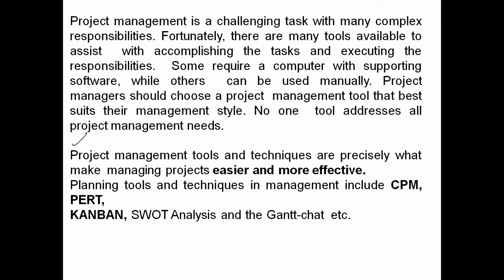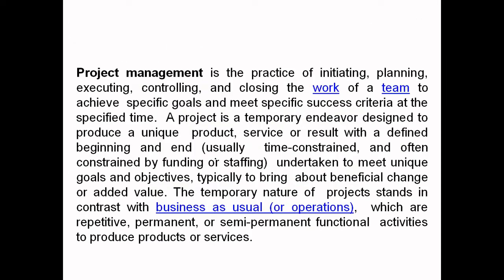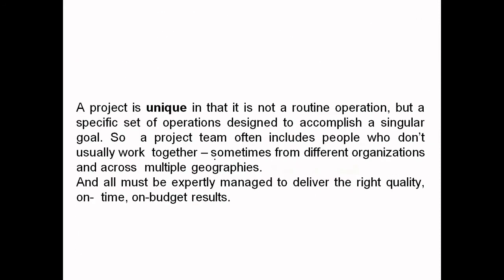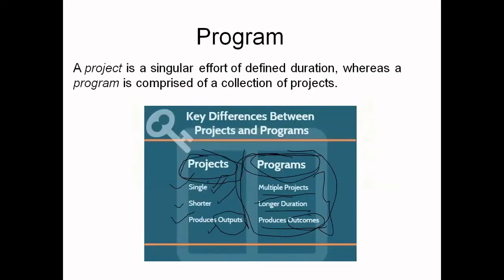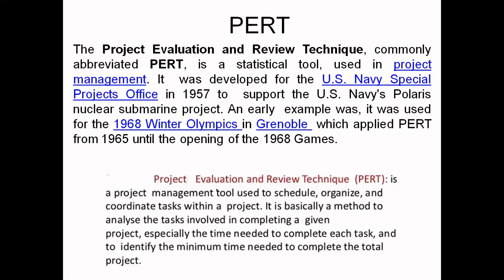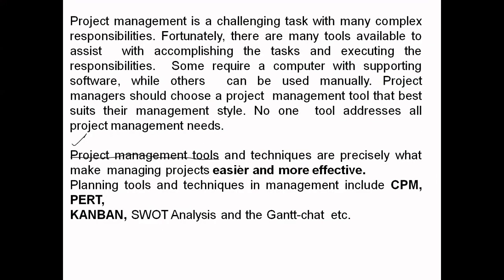Look at it from here now. You are talking about project management tools. So what is a project? I already showed you: a project is a singular activity, singular, shorter, and produces output. This is most important. To achieve these objectives, we have project management tools and techniques, which are precisely what make managing projects easier and more effective.